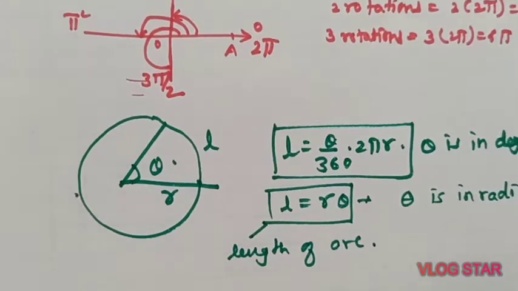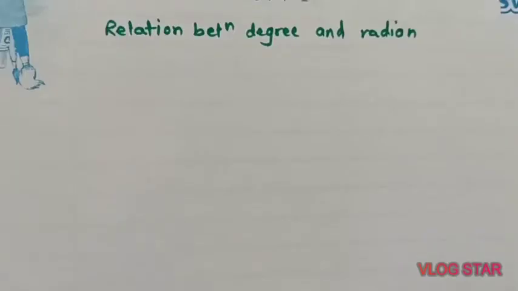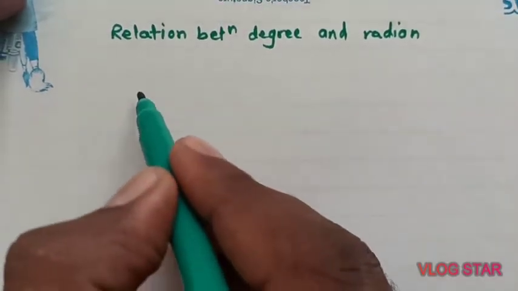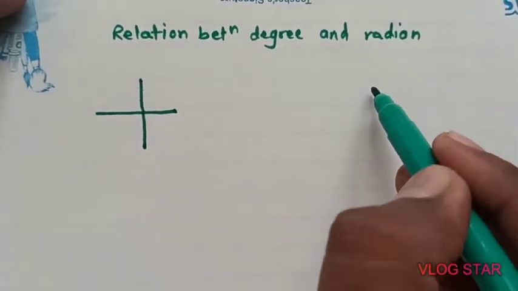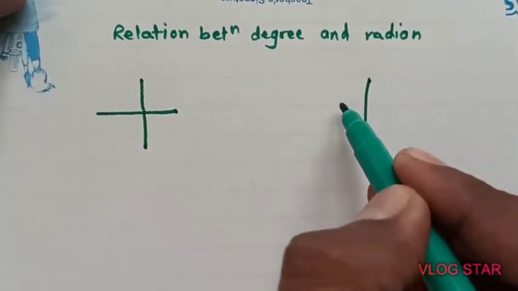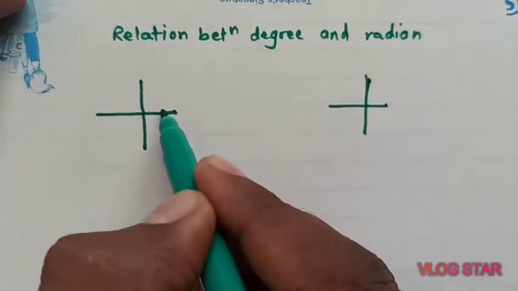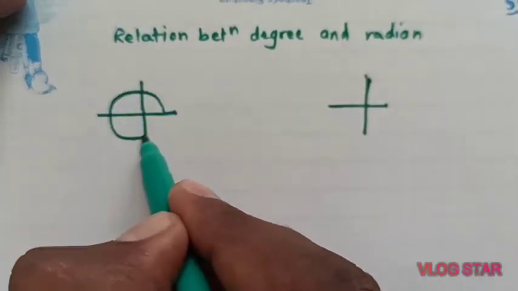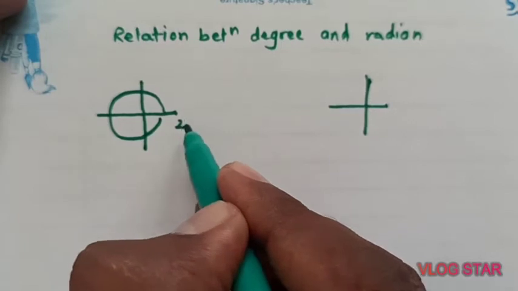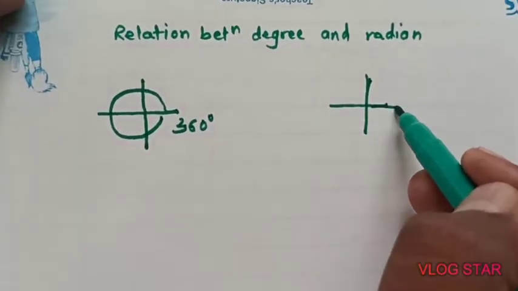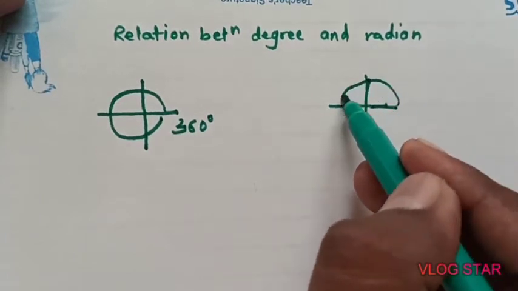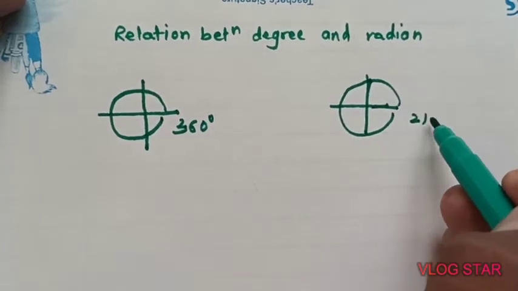Okay. Now we'll discuss the relation between degree measure and radian measure. We have already seen what a degree is, what one rotation means, and in radian what is the meaning of one radian. So in degree, one rotation is equivalent to 360 degrees, and in radian one rotation is equivalent to 2 pi.